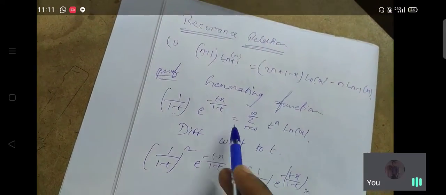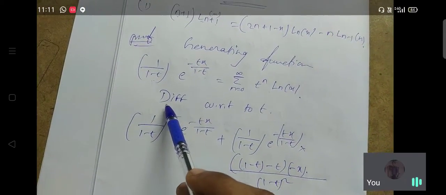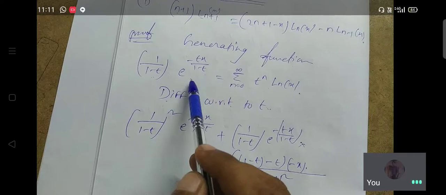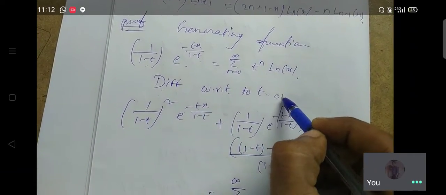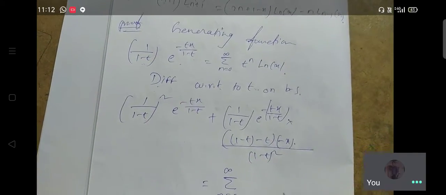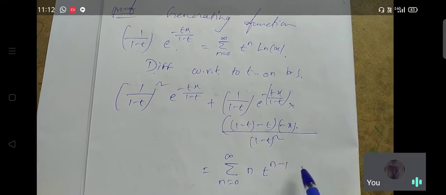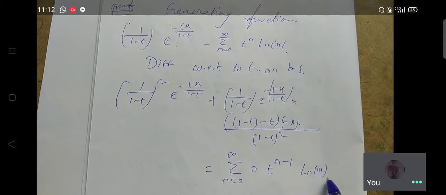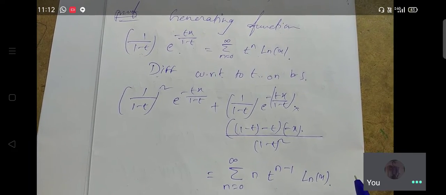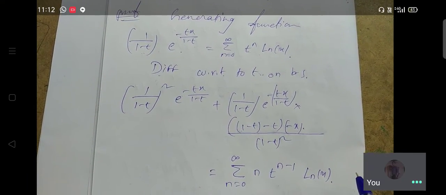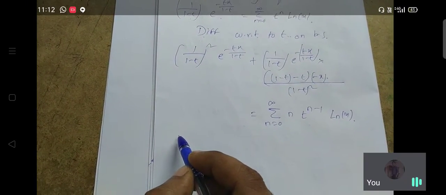So we have to differentiate with respect to t on both sides. So n into t power of n minus 1 L_n(x). Okay, let's simplify the above expression.